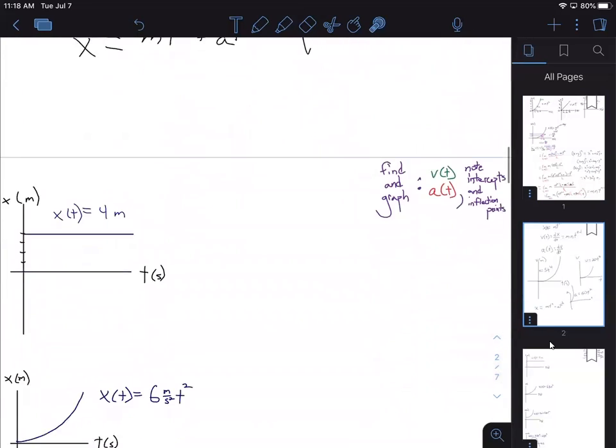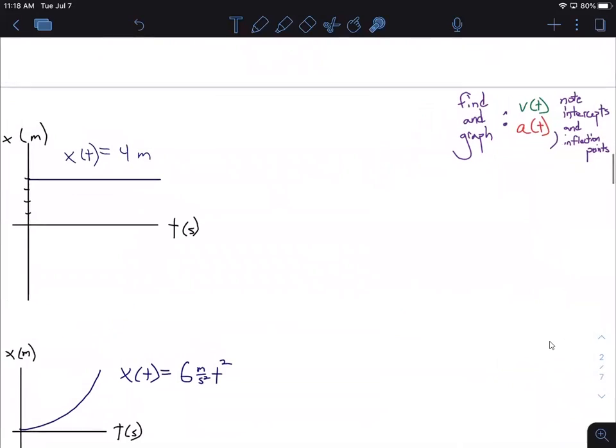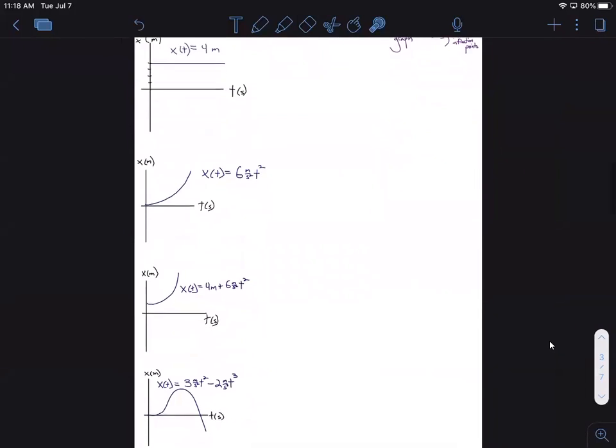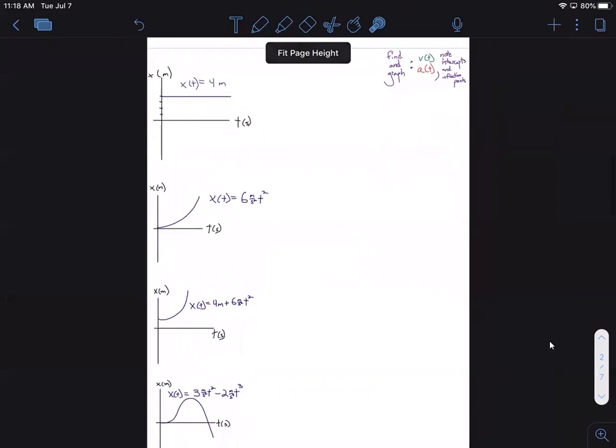All right, so here's a little practice. I've got 4 different functions of position with respect to time. So this one's just a constant position. Here we have a quadratic relationship like we've seen before. Here's a quadratic with a starting position.